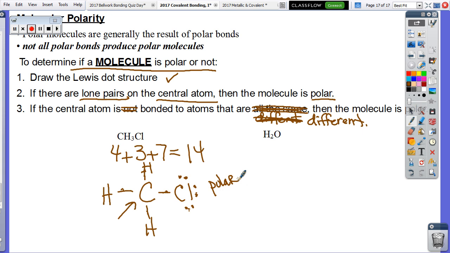The other thing I want you to be able to tell me is, now that we know it's polar, what kind of intermolecular force of attraction would attract this molecule to another CH3Cl, another molecule like it. Well, now that I know it's polar, I can say the intermolecular forces.